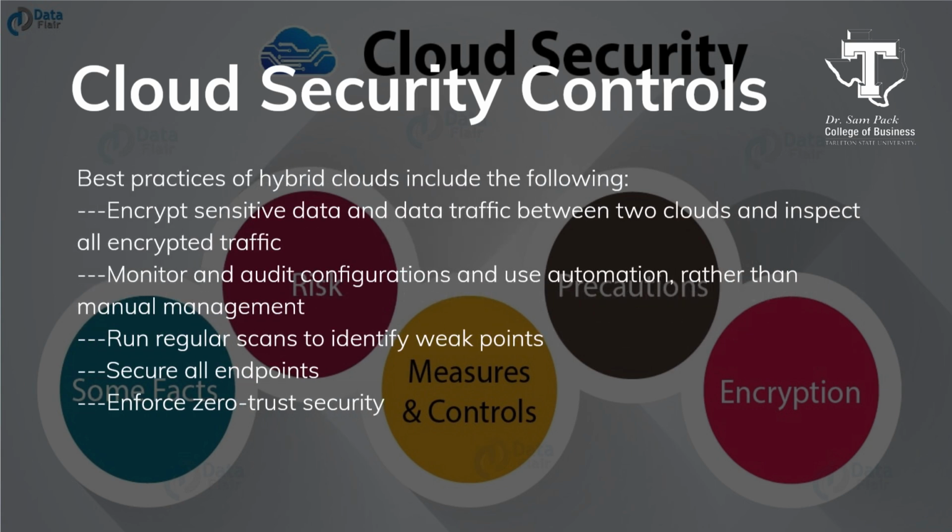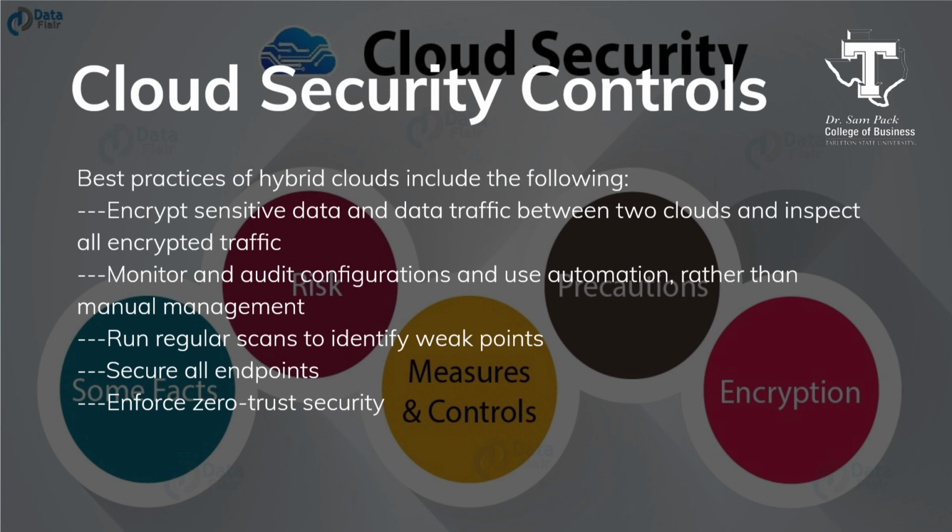Here are some best practices for managing hybrid clouds. Encrypt sensitive data. Ensure that all sensitive data and traffic between public and private clouds are encrypted, and inspect encrypted traffic to prevent potential breaches. Monitor and audit. Continuously monitor and audit cloud configurations. Utilize automation to manage these tasks efficiently, reducing the risk of human error.